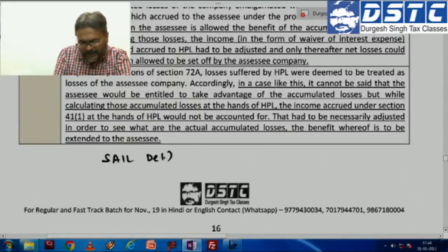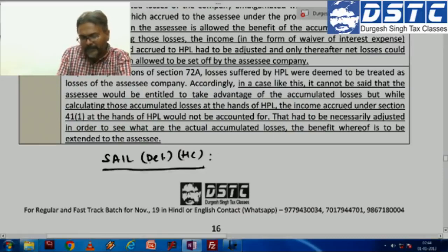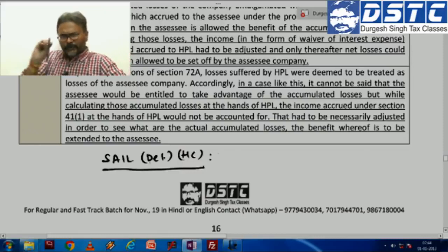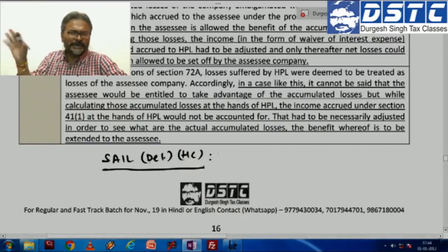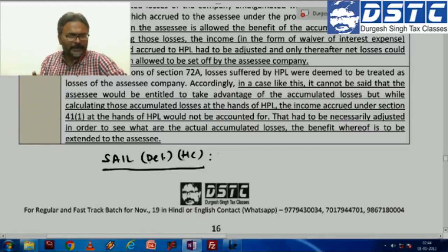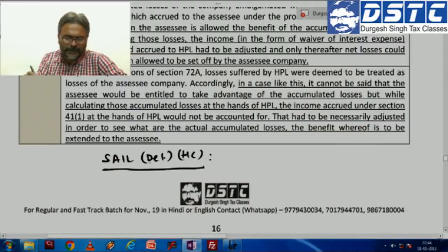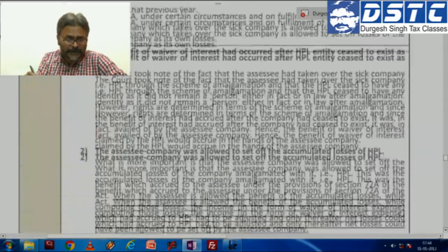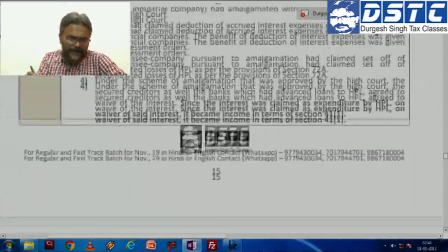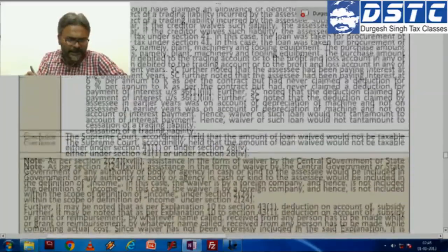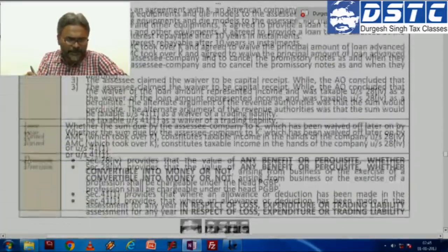Even this judgment can find a place. I'll give you a brief note of this SAIL Delhi High Court. So on waiver, four judgments: KLN Agrotech, Mahindra and Mahindra Limited, McDowell and Company Limited, and SAIL India. Let's look at these one by one.